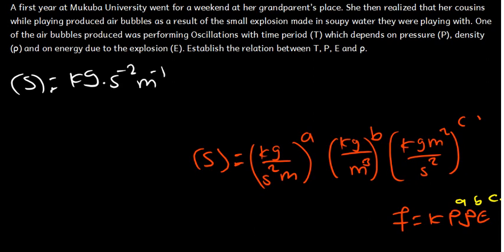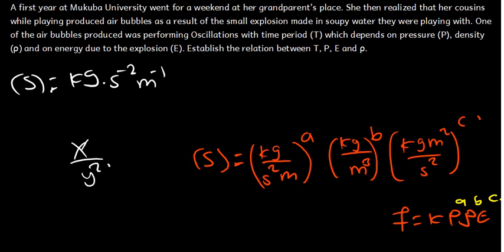I'm just moving it from the denominator so that I put them on the same line. It's the same as if we have x divided by y, this is the same as x times y to the power negative 1. If I have x divided by y to the power 2, this is the same as x times y to the power negative 2.